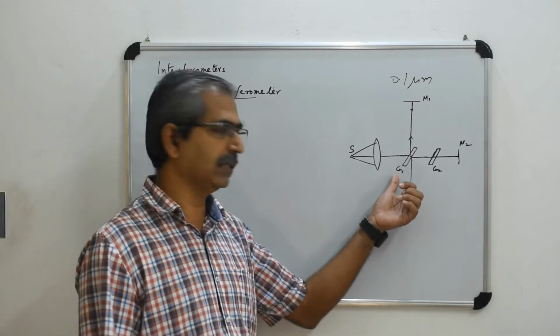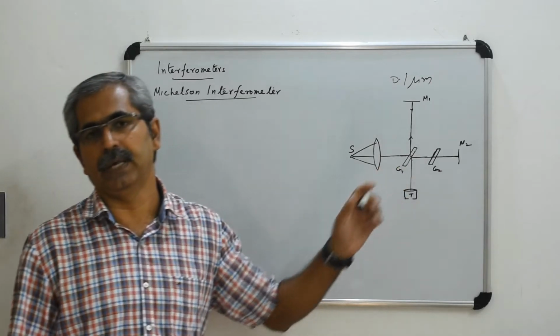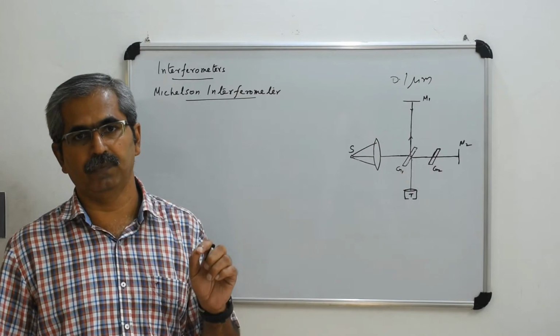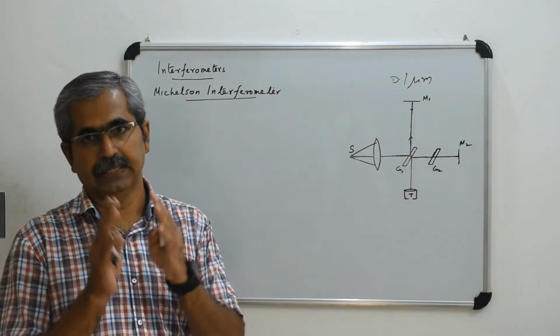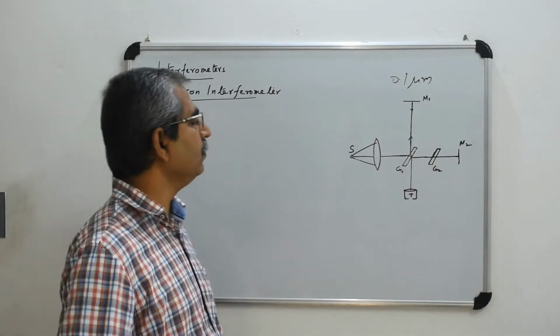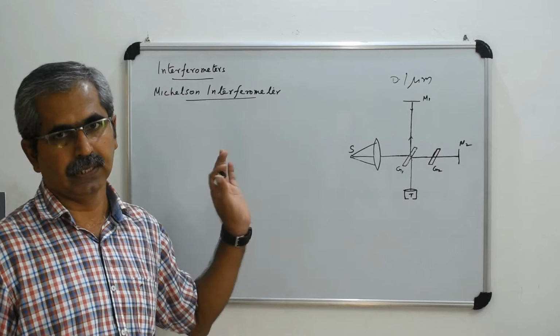So G1 is a semi-silvered glass plate, whereas G2 is a simple plain glass plate. Both are optically flat, and both have the same thickness. This is the basic setup for the Michelson interferometer.